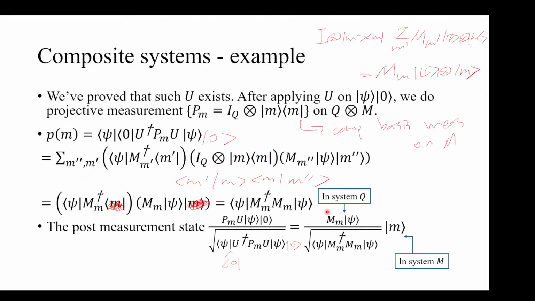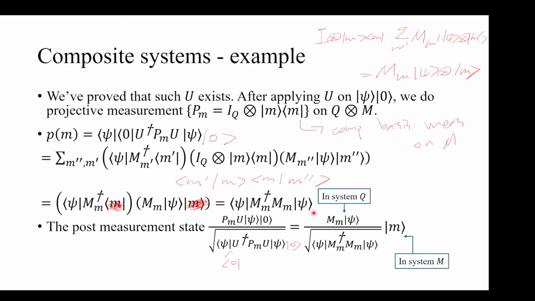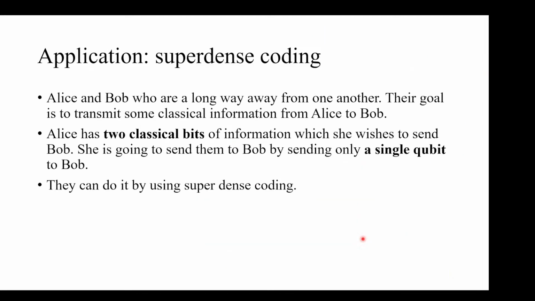So you will get outcome small n with the correct outcome probability of a generalized measurement, and the post-measurement state will be the correct one. Any questions so far? If not, we can continue to more quantum protocols.